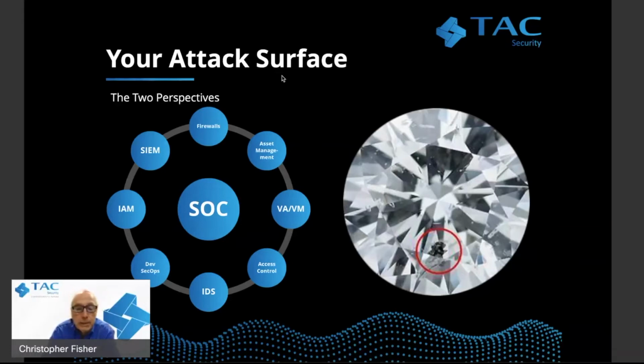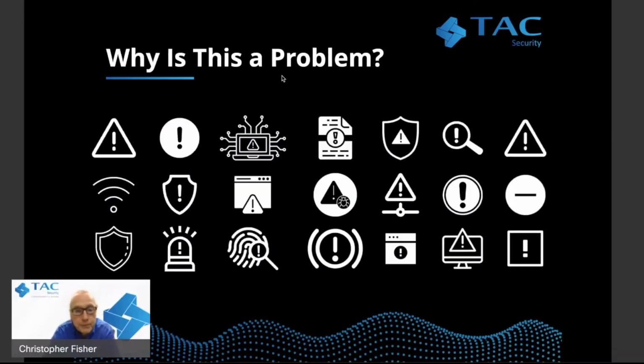So if we go to the next slide, please, let's talk about why this is a problem. As a security leader, you're managing all these different tools. You're getting alerts, you're getting reports, you're getting indicators, and with many tools to manage, it's also possible that you're going to get false positives and alerts if the tools aren't tuned right, where things are coming through and presenting things as issues.